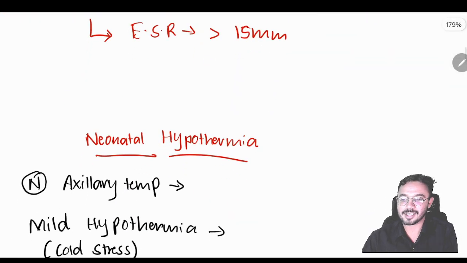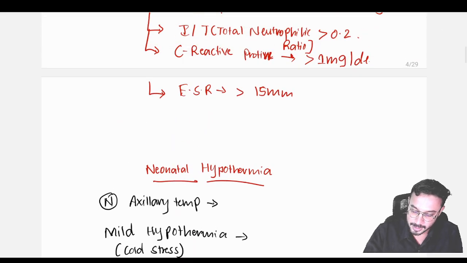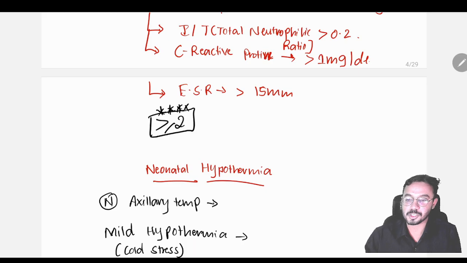Until now, no questions have been asked from this, but a score of greater than or equal to 2 is positive, then you can tell the baby has neonatal sepsis.